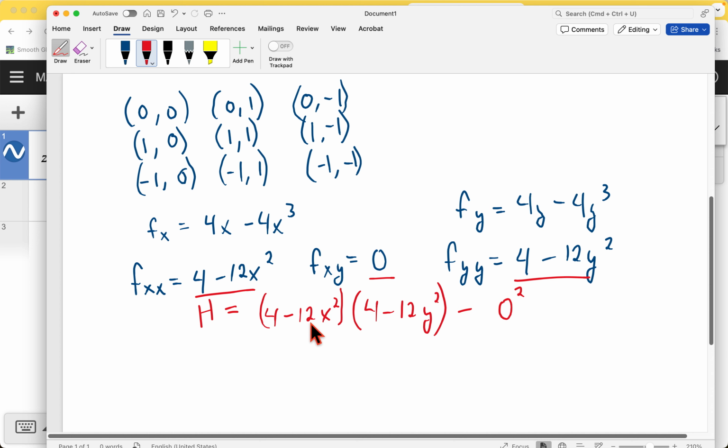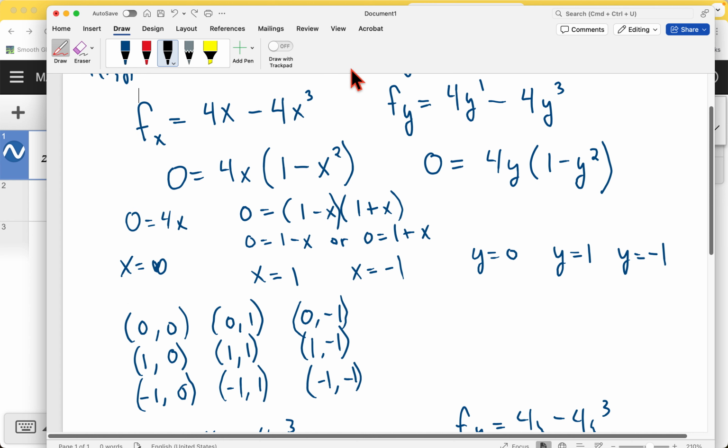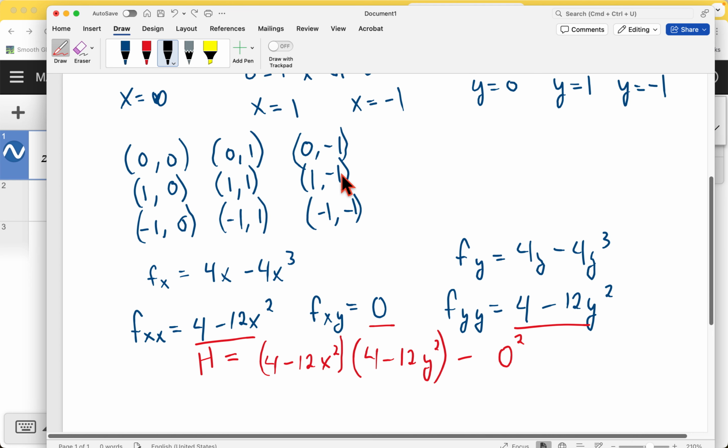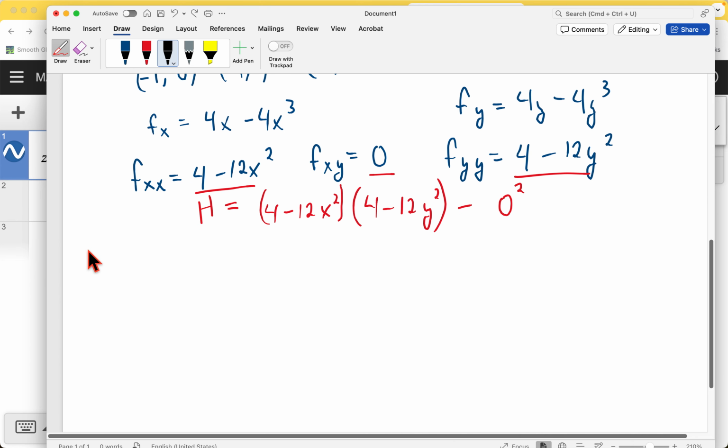So what I'm going to do is take the Hessian of (0, 0).